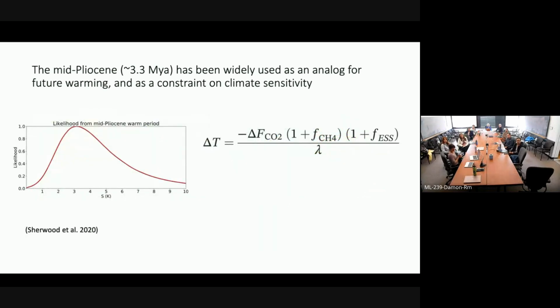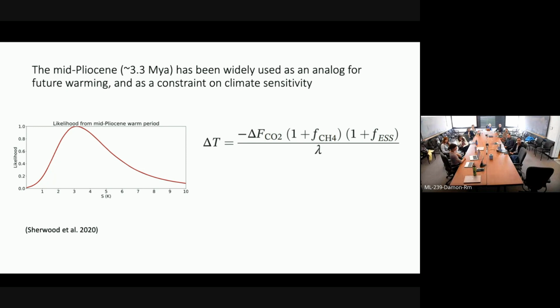So how has it been used to constrain climate sensitivity? Back to this likelihood distribution. Vince showed how for the LGM, this was calculated using an estimate of the individual forcings present in the LGM, but those aren't really available for the Pliocene. So what has been done thus far is to take this estimate of forcing from CO2, which was quite small given that the concentrations were only 400 parts per million, and inflate it by this efficacy factor, F_ESS, which is a catch-all for the Earth system sensitivity.